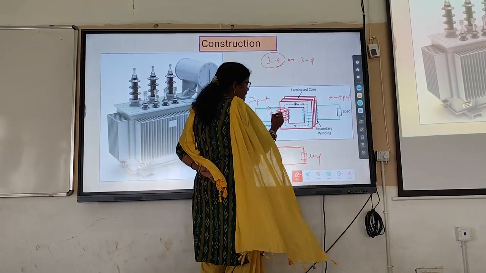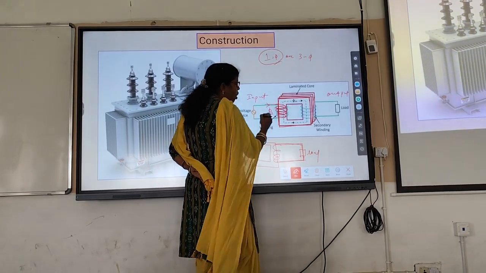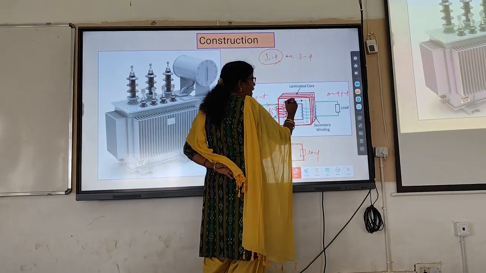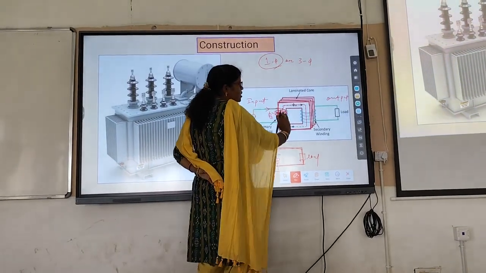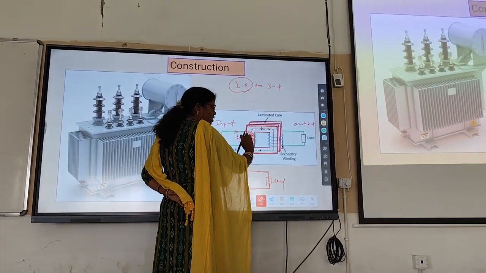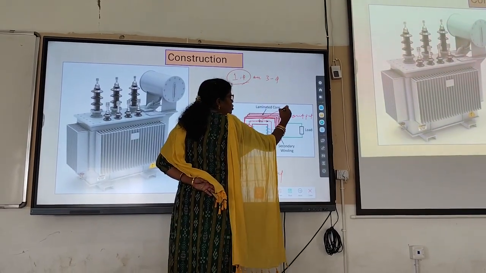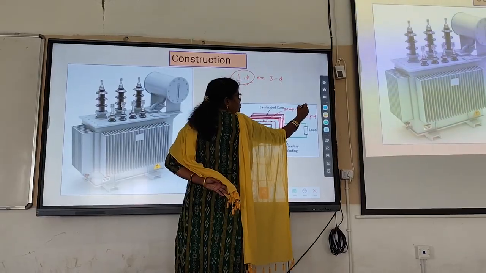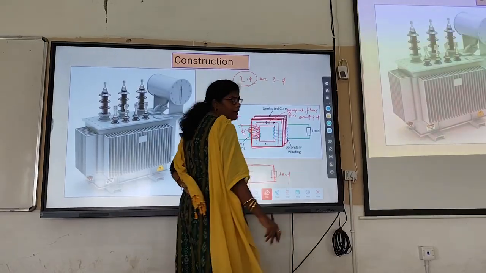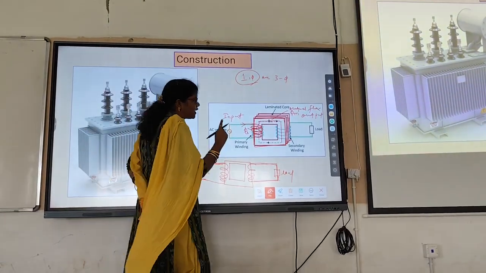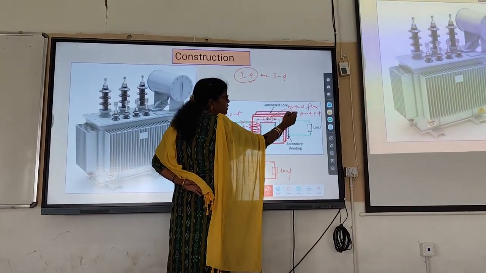Since the core is an iron, conducting part, this flux is commonly shared with the secondary winding. Am I clear? Or any doubt? If you have doubt, again I can explain. This flux is your mutual flux and noted as phi m.